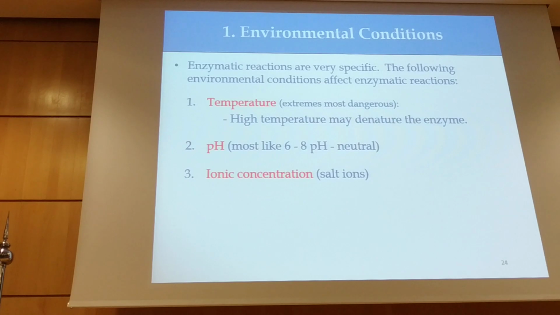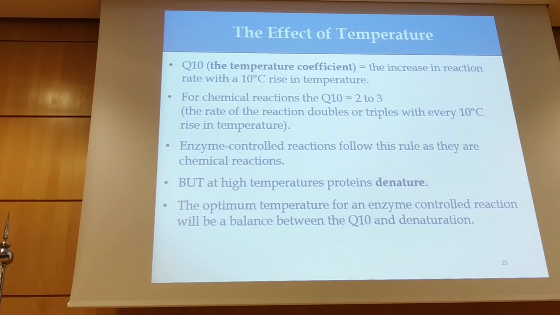At the same time, ion concentration. Give examples of ion concentration that could affect enzyme activity in your body. Salt ion. Electrolytes, sodium, chloride, potassium. If these electrolytes are not balanced, you will end up with inactivation of the enzymes, and this could lead also to serious conditions. So all these factors could affect.